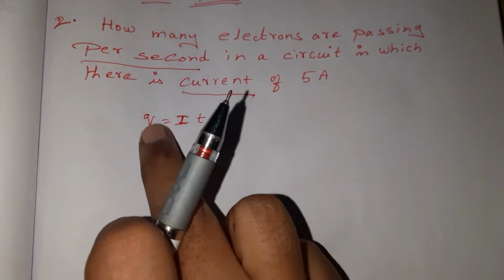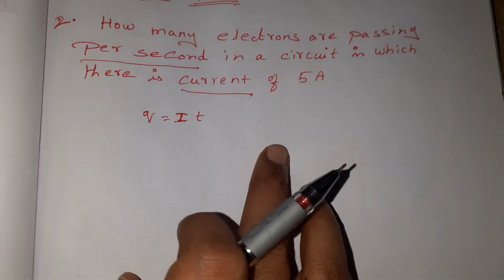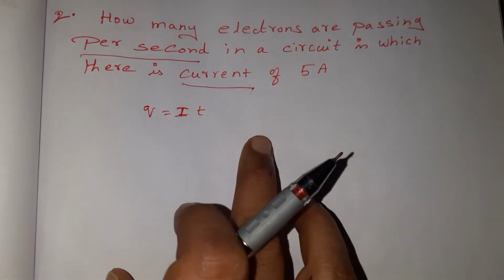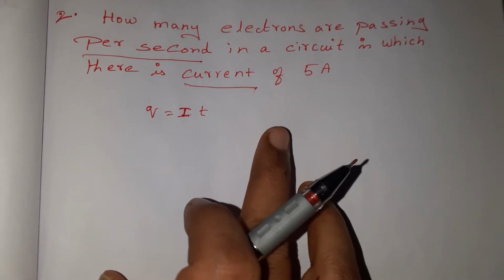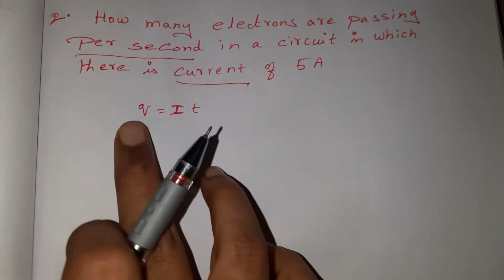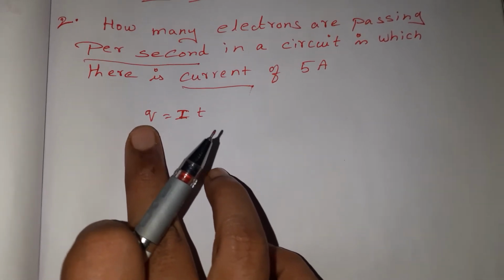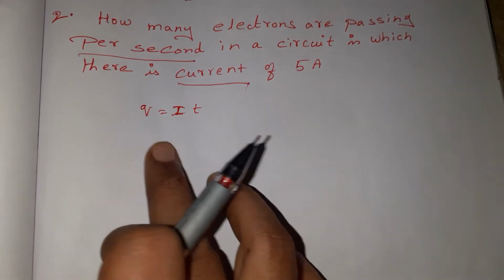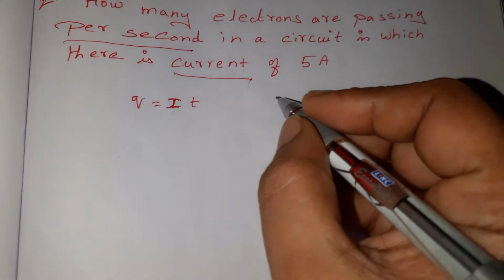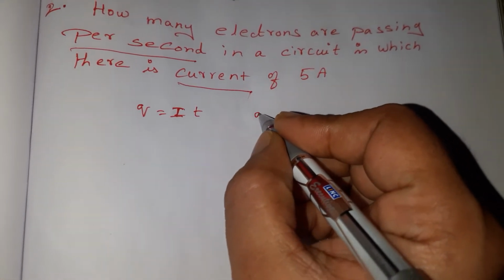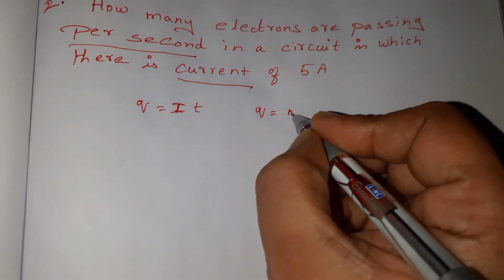The flow of charges, electricity, is due to the flow of electrons, not a single electron. The flow of electrons is called charges, and they consist of negative charges. So another formula relating the charges and electrons is Q is equal to Ne.